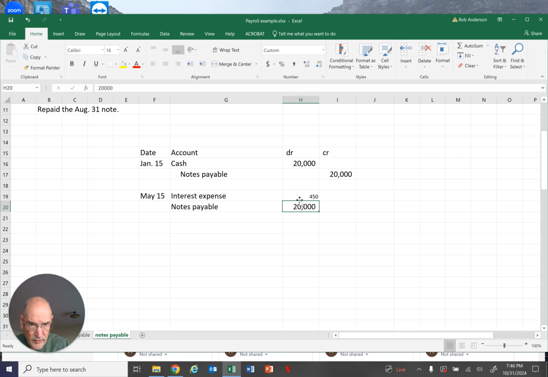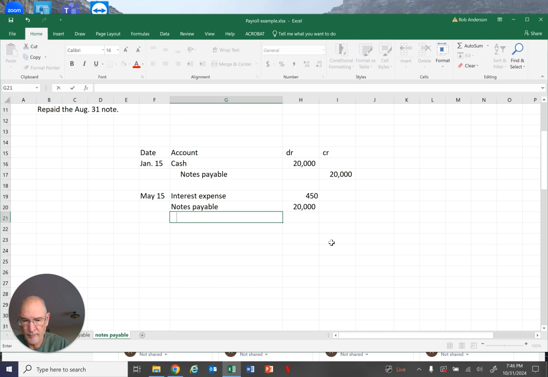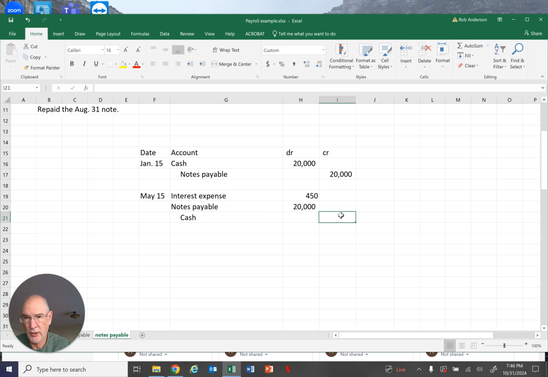Now, I need to bump this up so you can see it. There we go. There's our $450 interest expense. Now, we pay the principal of the note plus the interest. So now we have a cash credit. So here's us paying back the $20,450. Okay, so that was a nice simple note, right?